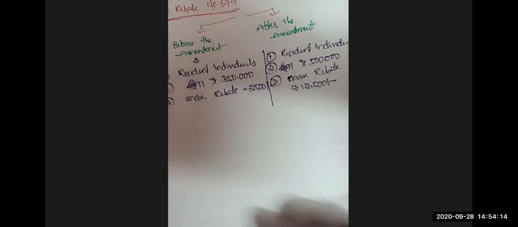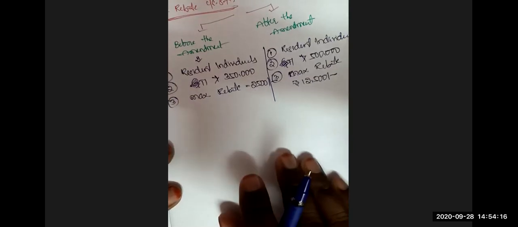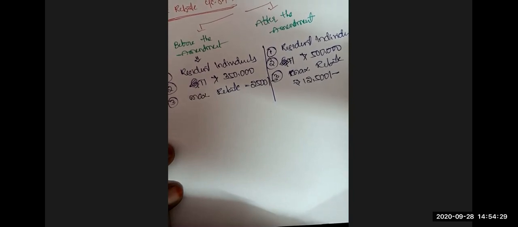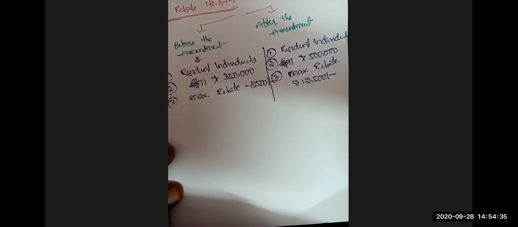One more important point here is that many students are under the impression that this rebate benefit is not allowable with respect to special incomes, but that is absolutely wrong. A rebate under section 87A is applicable for all special incomes except one, that is 112A long-term capital gains.